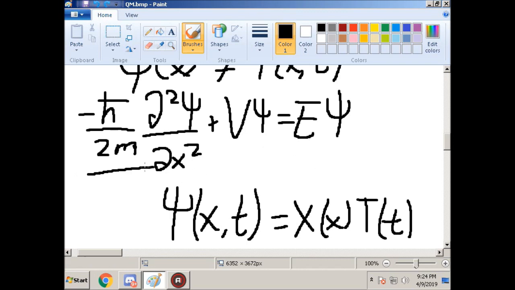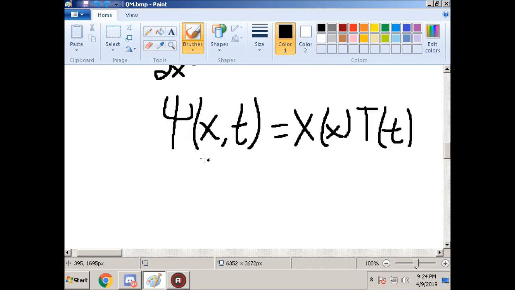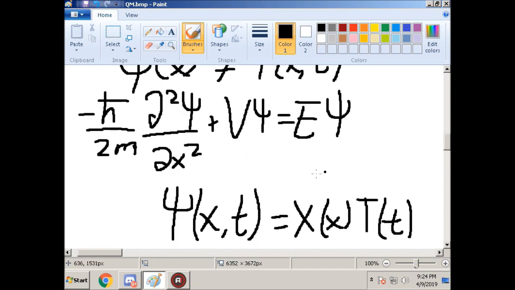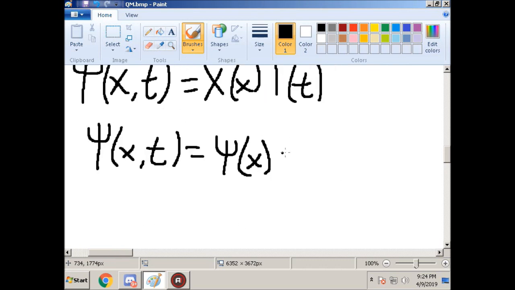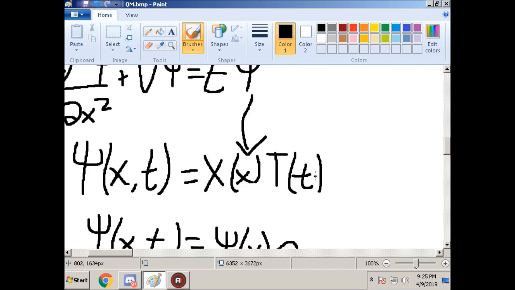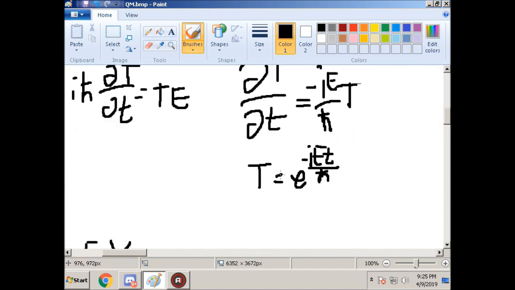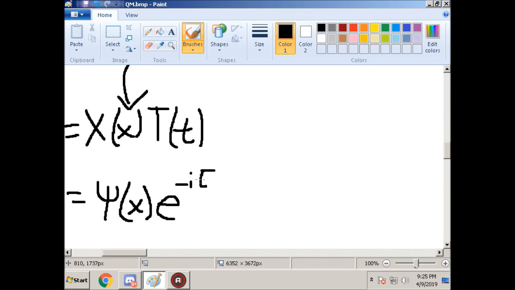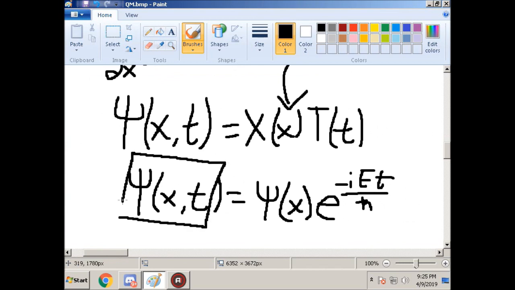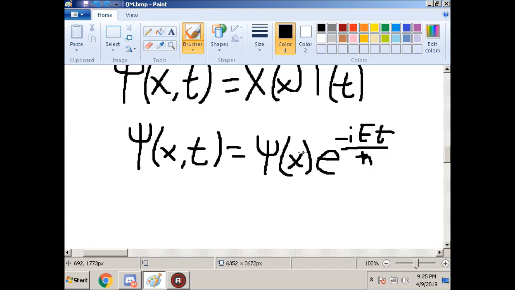So once we solve the time independent equation, all we have to do is get that function that we just solved for, and plug it in to this X of x here, right? So we'll get psi of x, and then we multiply onto it the solution for the time dependent Schrodinger equation, which was, remember, this. So that's e to the negative iEt over h bar, and that will be your full solution for that given potential. That's all.